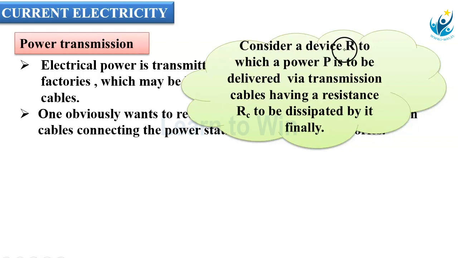Consider a device R to which a power P is to be delivered via transmission cables having a resistance RC. That means the cable resistance is RC. The device resistance is capital R. You want a power of P to be delivered via the transmission cable, and the cable also has some resistance RC.